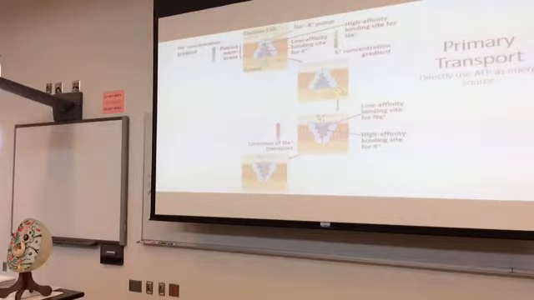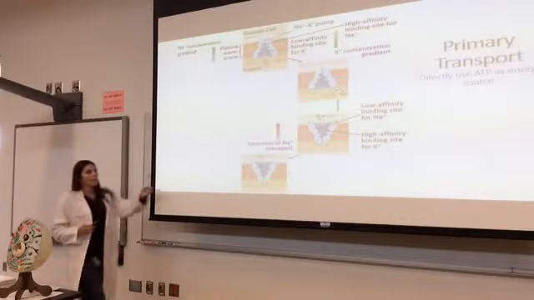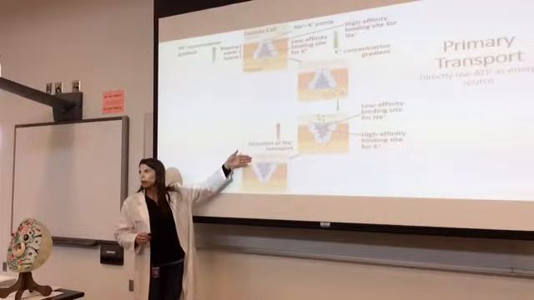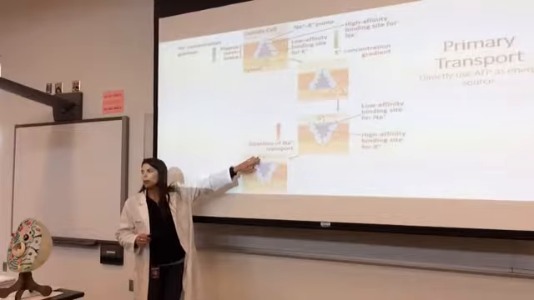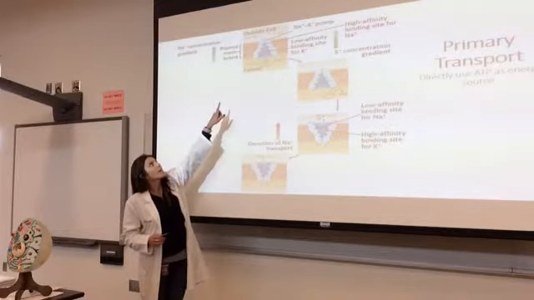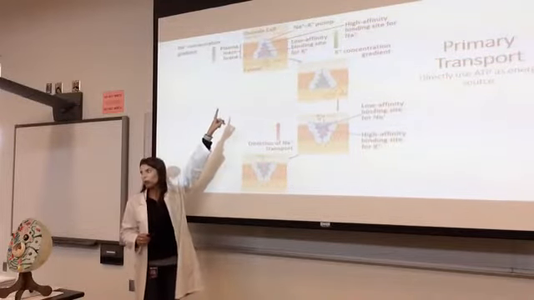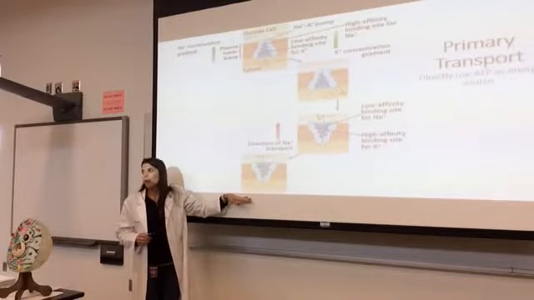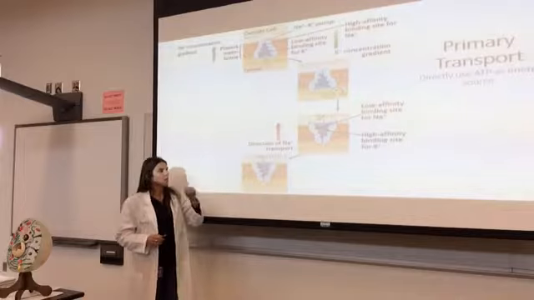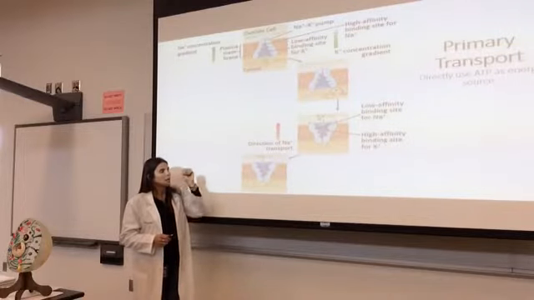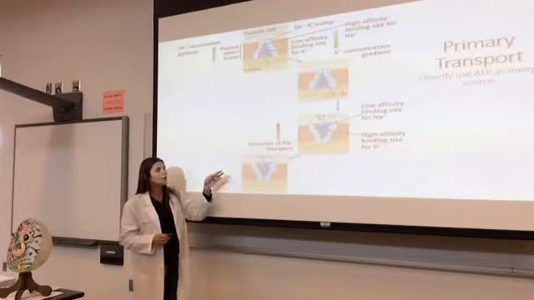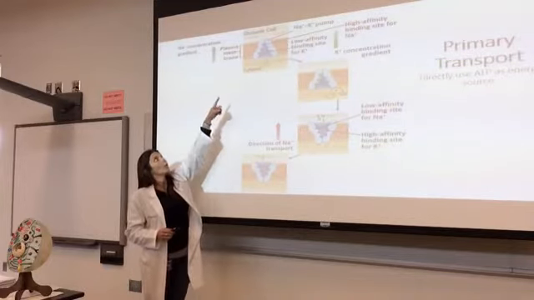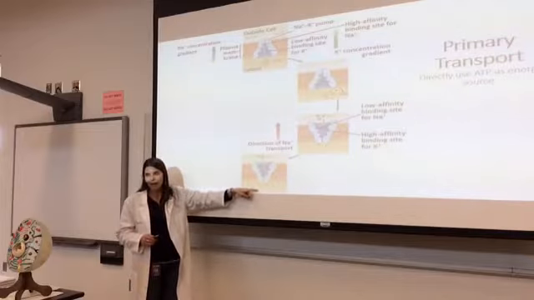But here I have 2 potassium ions, and outside the cell, was there a high or a low concentration of potassium? Outside the cell, there was a low concentration of potassium. Inside the cell, there was high. What direction is this potassium going? It's going into the cell. So is it going from high to low or low to high? It's going from low to high.